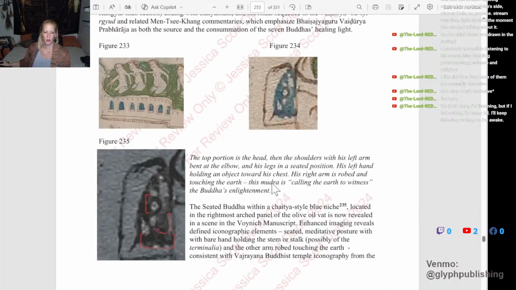So these figures are the 7 emanations of the medicine Buddha. Here you can definitely see him. You can actually see his elbow and the other side of his arm, with his left hand. He's taking his right arm, which is robed.